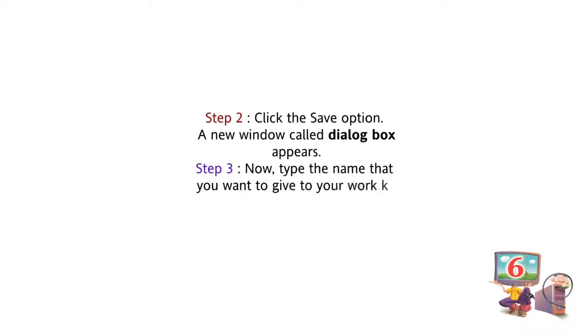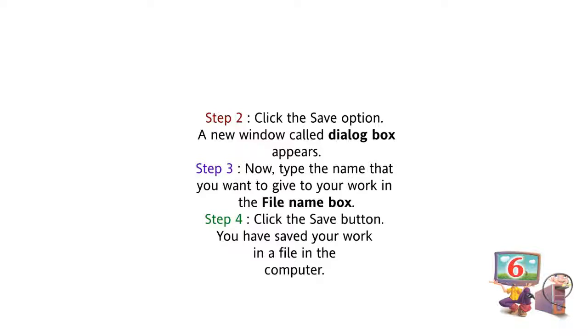Step 2. Click the Save option. A new window called Dialog Box appears. Step 3. Now type the name that you want to give to your work in the file name box. Step 4. Click the Save button. You have saved your work in a file in the computer.